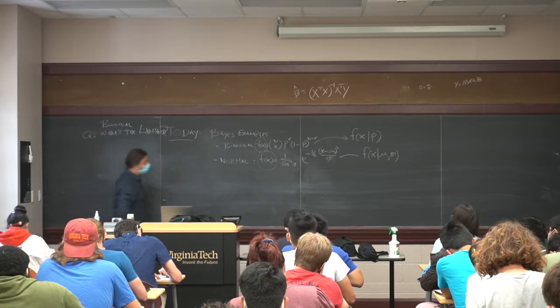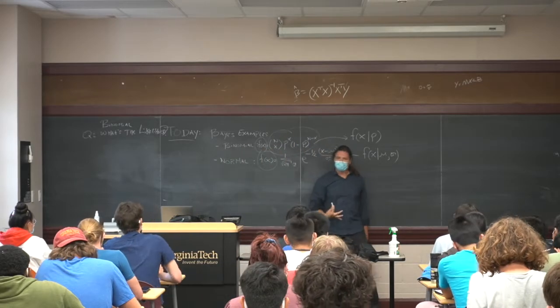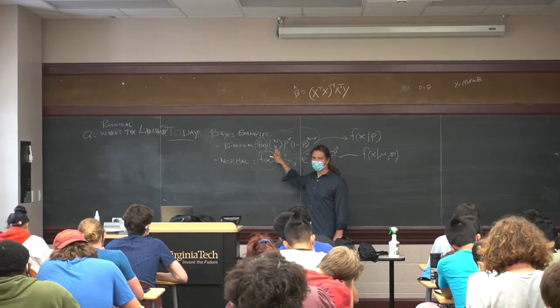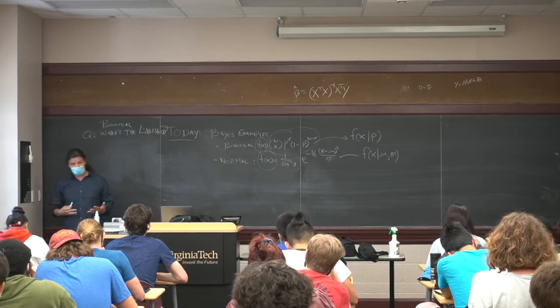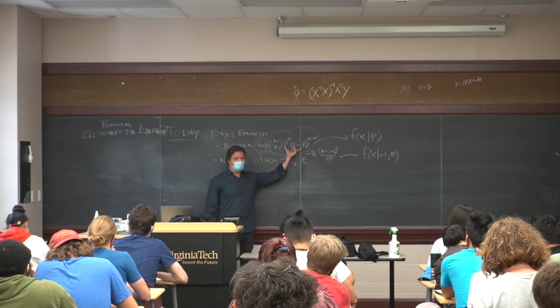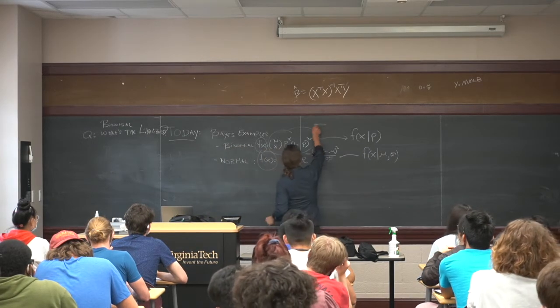And I'll just give it away. It's this thing. But it's a function of P. The first thing we notice is that the normalizing part doesn't have P in it, and all I'm interested in is the parts with P in there. And so I would say this is the kernel of my distribution. Okay, so that's what I'm usually thinking about.